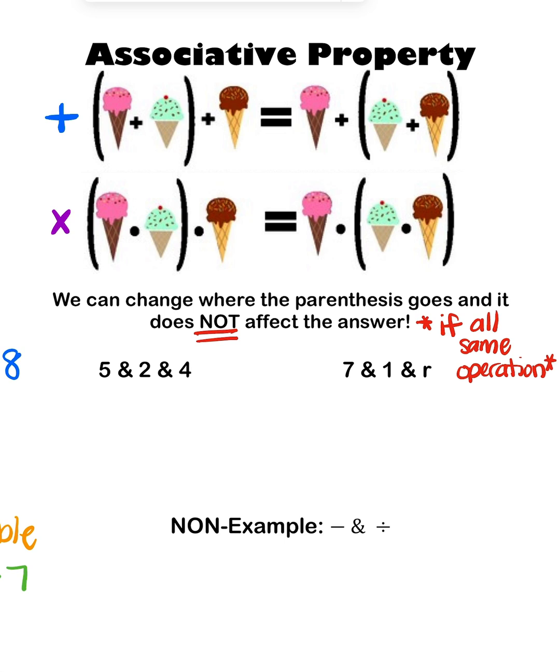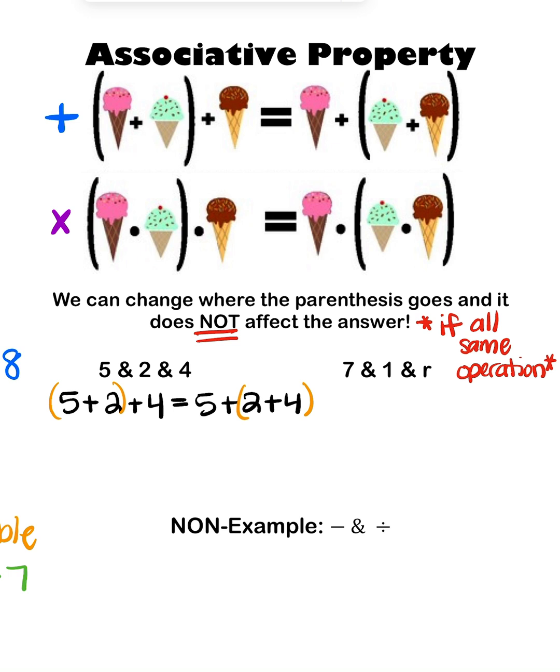So let's do an example of that. So if I said 5 plus 2 plus 4 equals 5 plus 2 plus 4. And let's say that the parentheses on this first side are at the front, 5 plus 2, but on the second one, they're at the back, 2 plus 4. So let's solve it using order of operations and see if it changes.